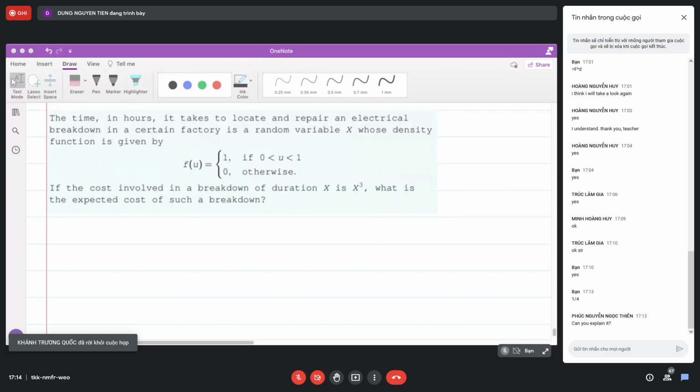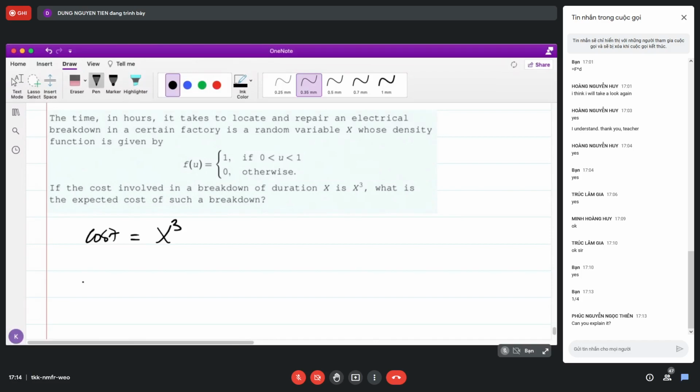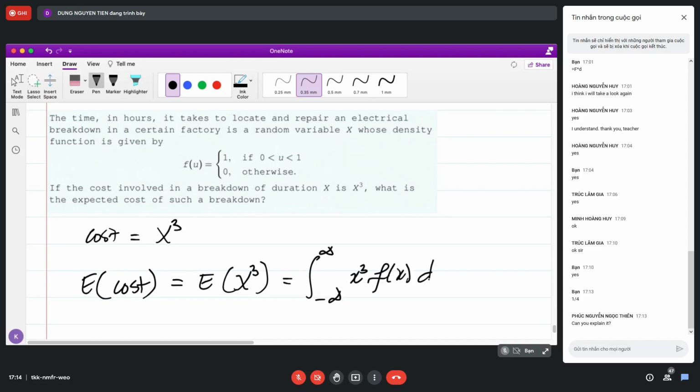What is the cost? The cost is x to the third, and you want to find the expected cost. That would be the mean value of the cost, right? So you get the mean value of x to the third, and it is the integral from minus infinity to infinity of x to the third f of x dx.